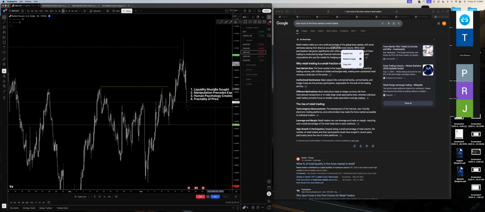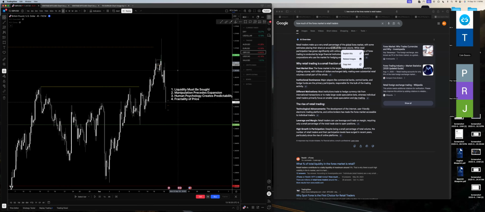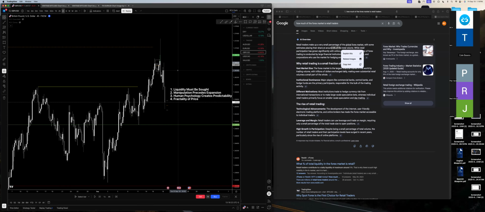So pretty much all fractality of price is that everything is always occurring on every single time frame, right? Just because in order to create one, you must create all. So whatever happens on M1 is the same thing that happens on month one.